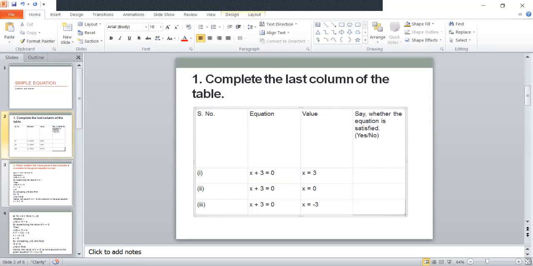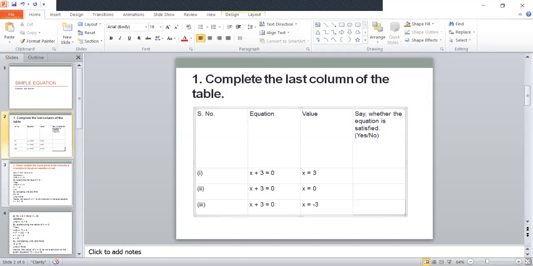Here the equation is x plus 3 is equal to 0, the variable is x, and the value of x is given as 3. We put the value in the equation, and if the answer is 0, then it is satisfied, otherwise not.